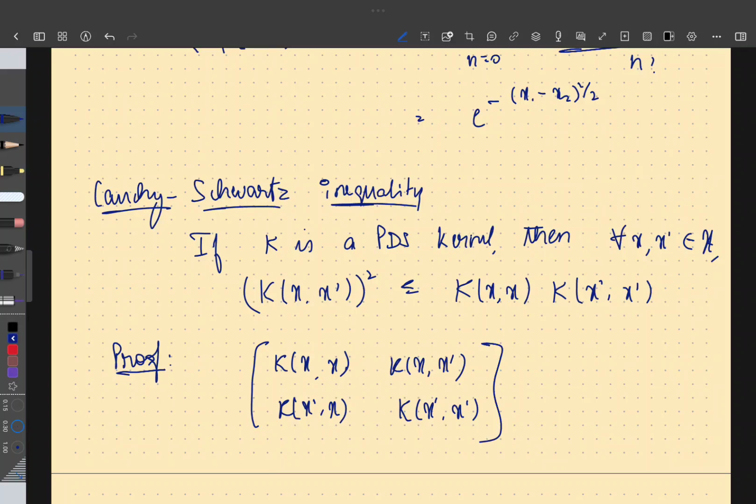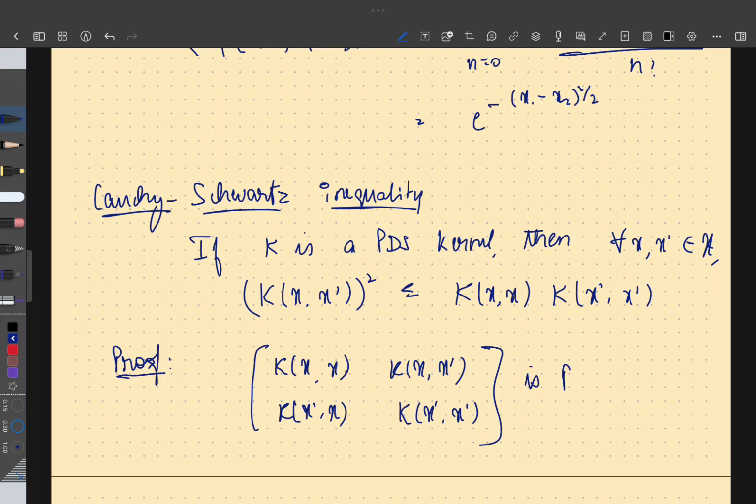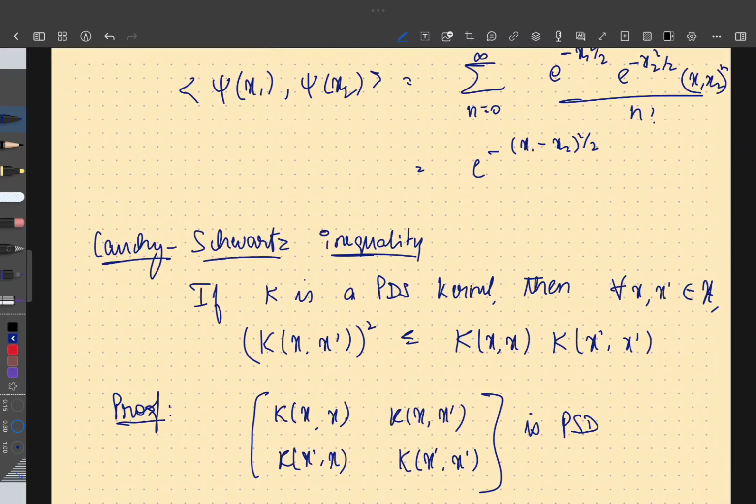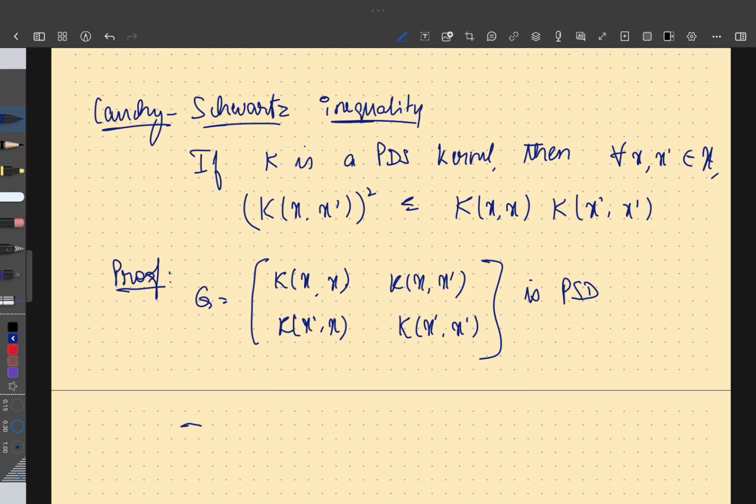This is guaranteed to be PSD. Therefore, the determinant should be greater than or equal to 0. But what is the determinant of G equal to?